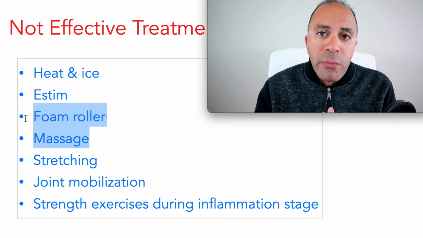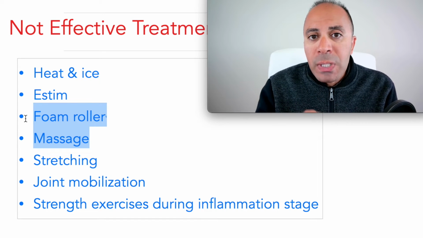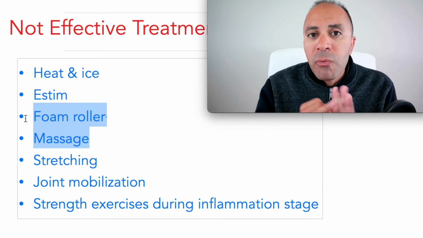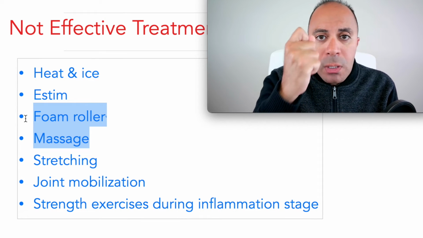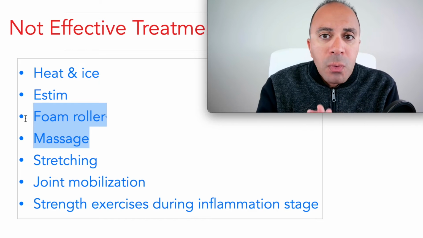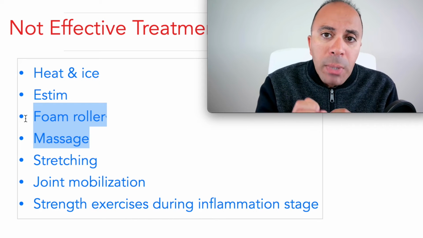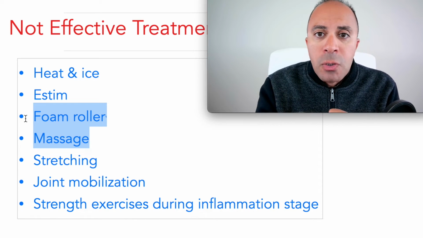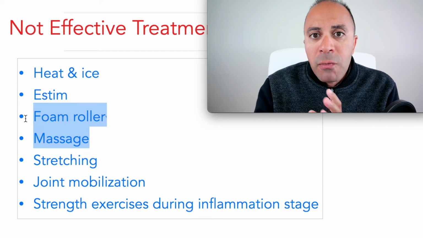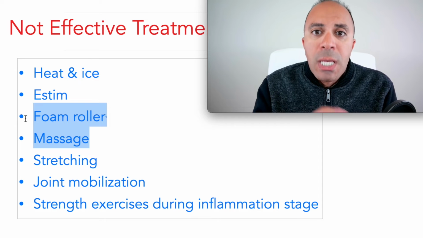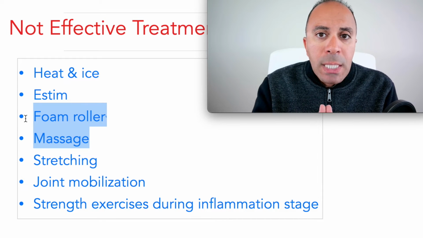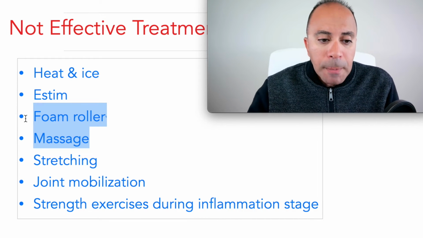And when I go over the fascia system, it will make a lot of sense why massage and foam roller will not work, because it's mechanically impossible with the knuckle, with the hand, or the foam roller to go deep in the tissue to do deep release. And if you cannot exert mechanical force on the scar tissue, the fascia restrictions, it's impossible to release it. You will not be able to treat it.